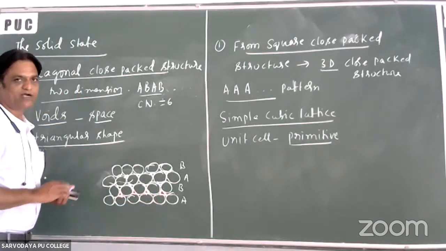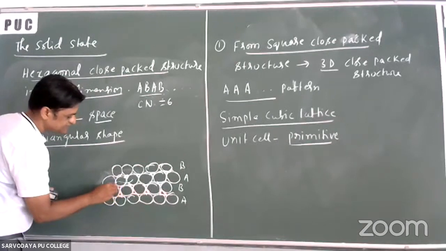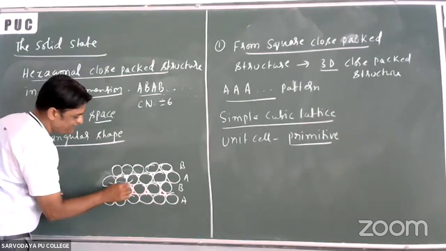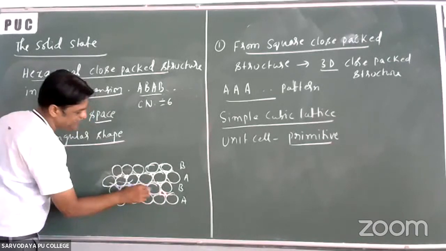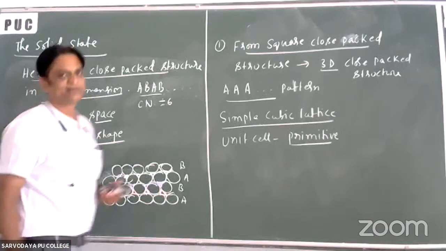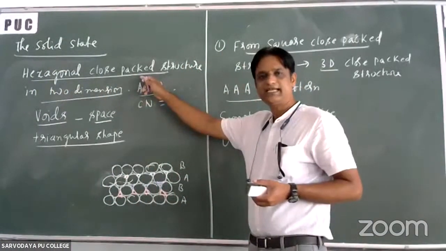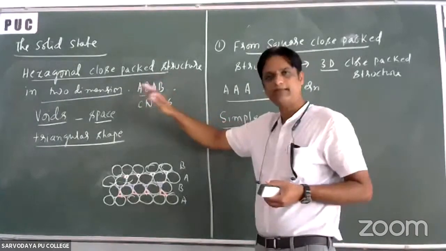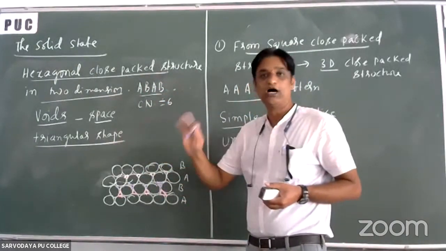Apex of the triangular void is facing upwards, whereas in this layer, apex of the triangular void is facing downwards, like this. But in general, we can say when hexagonal close packed structure in 2 dimension is obtained, we get triangular voids.